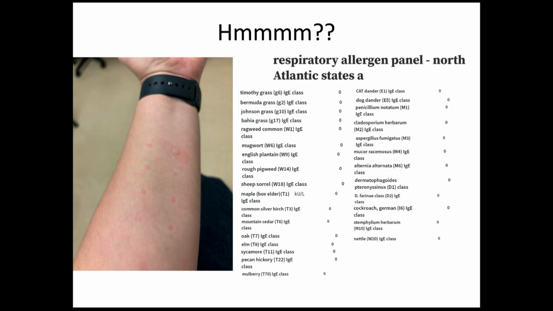This is a screenshot from my health website of how much IgE I have in my blood against all these different things. You can see all the different types of pollen they tested me against. And you can see, it was impressively zero. It wasn't like there was a little bit of background. It was zero across the board.